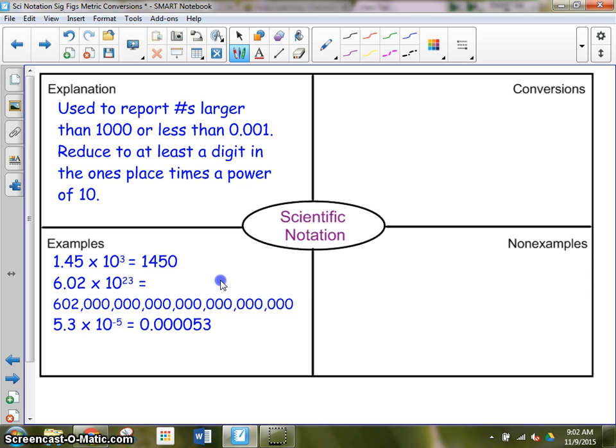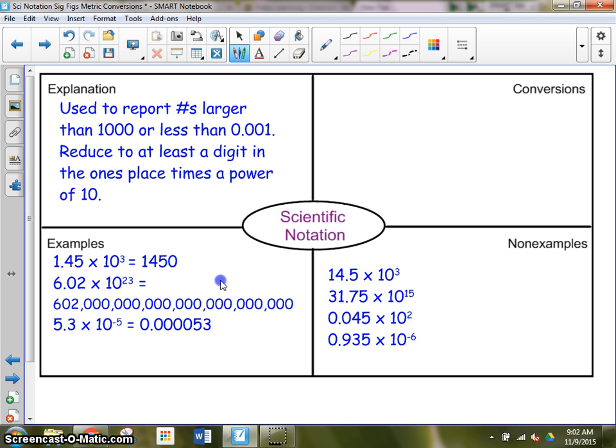In our examples, we see that in every one, there's a single number left of the decimal, and we have some number times 10 to the something. That is our format for scientific notation. In our non-examples, these first two have too many digits left of the decimal, so they're bigger than 10. They don't work.